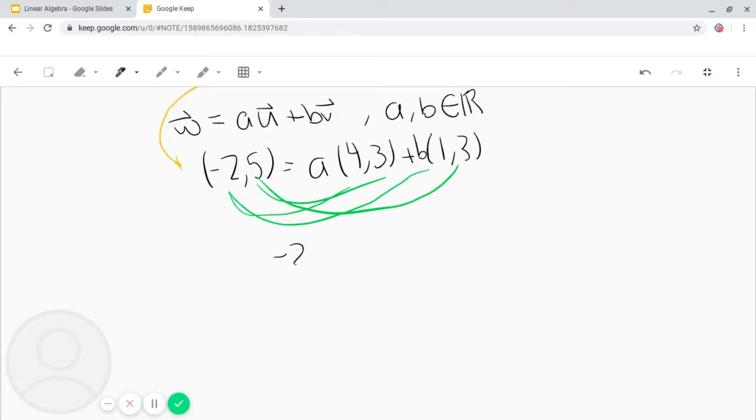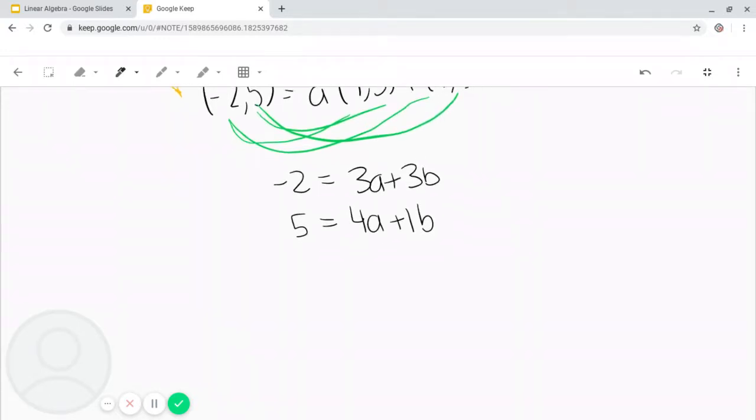So -2 equals 3a plus 3b, and then 5 equals 4a plus 1b. And then all we have to do is simplify this, solve this set of linear equations.